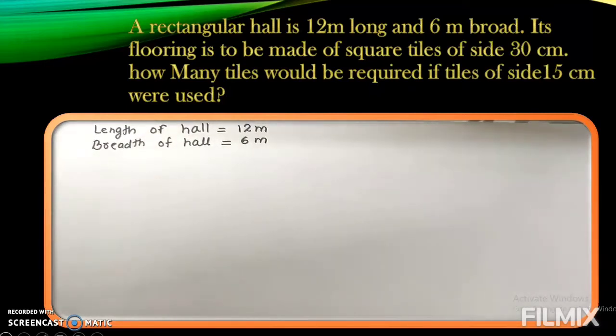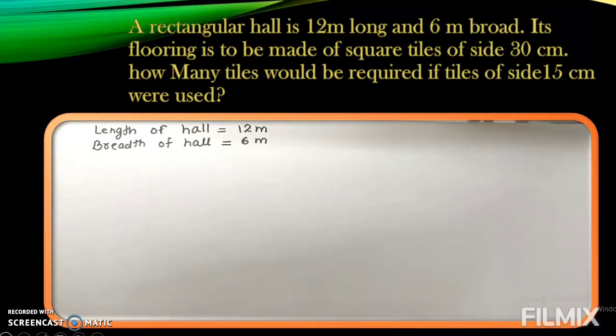of hall. Then they have told that its flooring is to be made of square tiles of side 30 centimeter. Now what they have given us, suppose if you see in your house also you have rooms. In rooms the flooring is done with the help of tiles, correct?